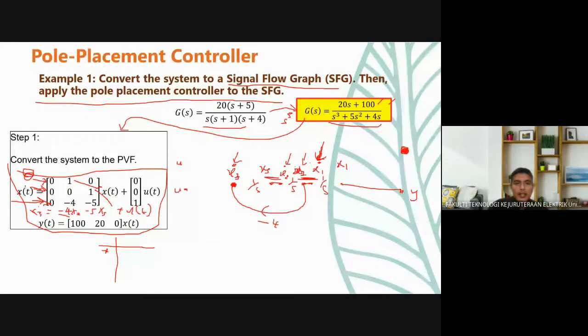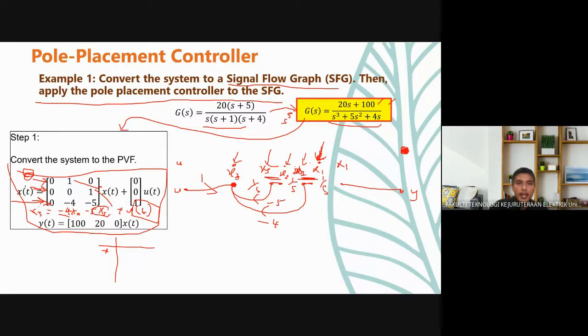And then negative 5 x3, this is the location of x3, so you just feed back negative 5. And then plus u. The gain is 1.